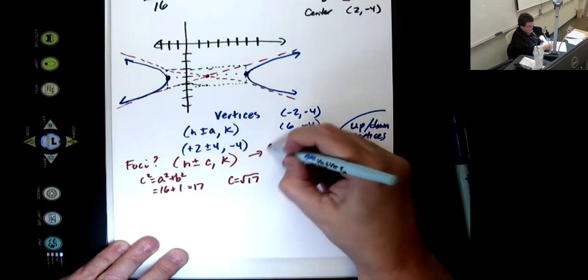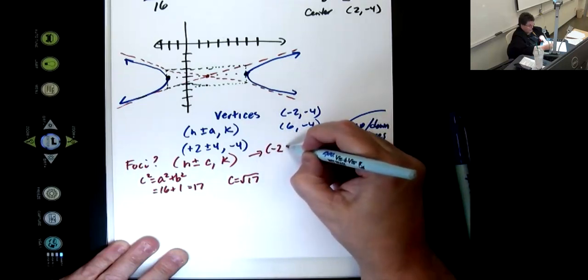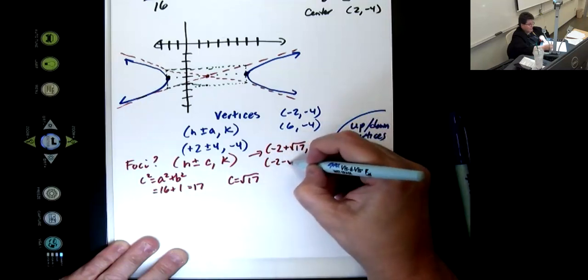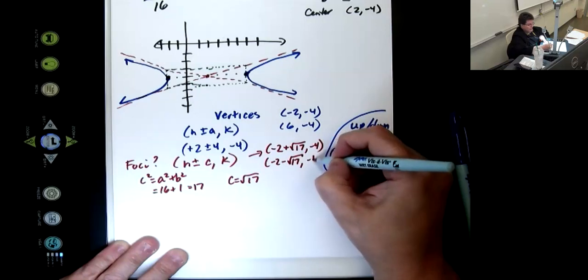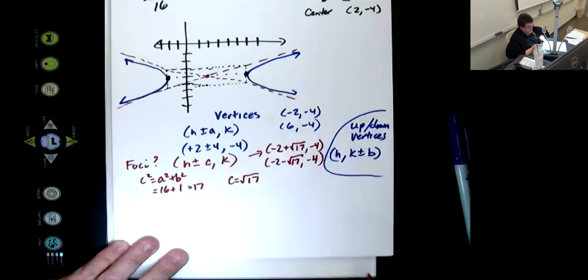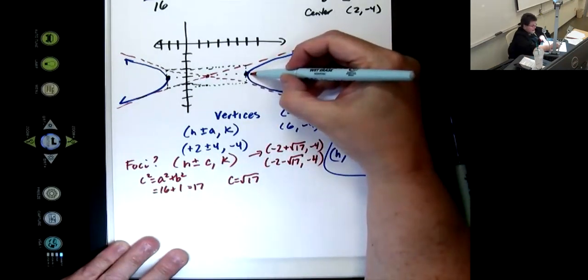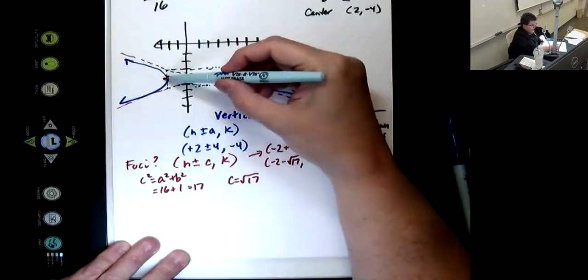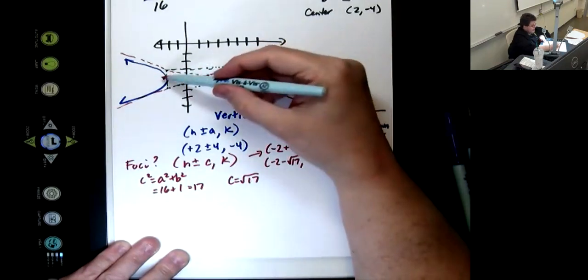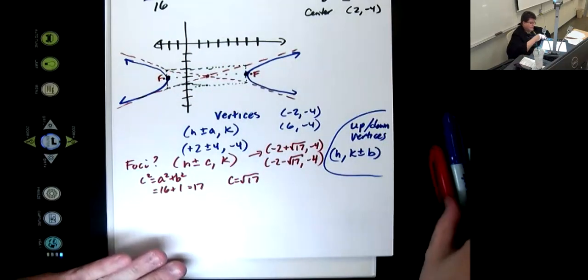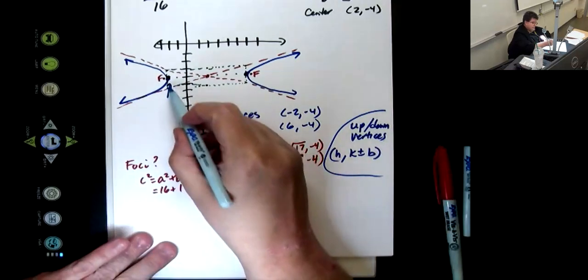I'll write this as -2 plus the square root of 17, -4, and -2 minus the square root of 17, -4. The square root of 17 isn't much more than 4, maybe 4.15. It's only a tiny bit past your vertices. So those are my foci.